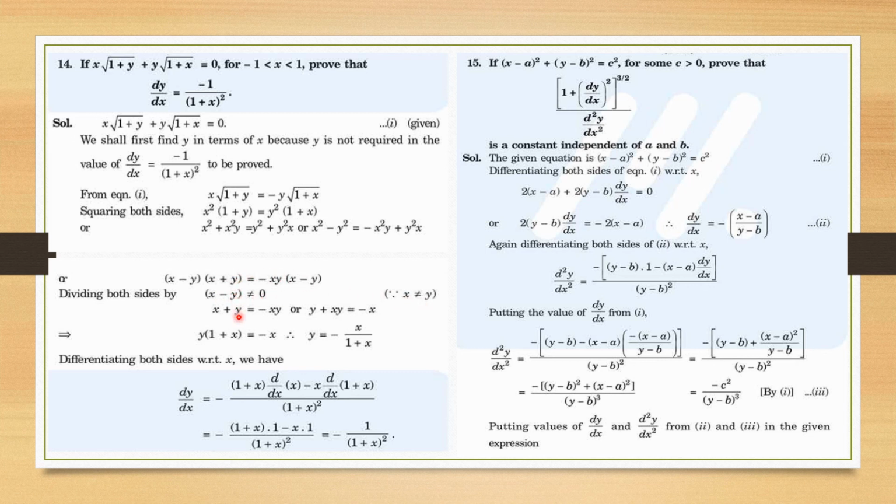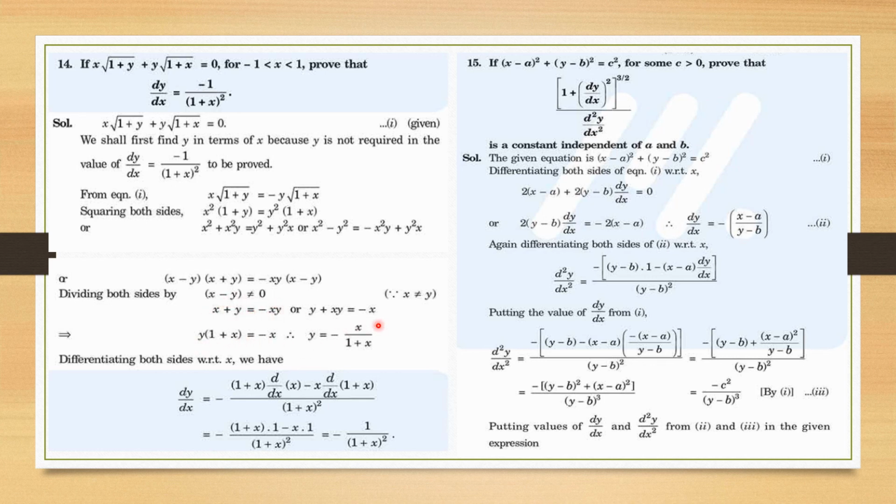We get x plus y as minus xy, and now you have to express it as y equal to something. So take both minus xy and x to one side, take y common. You have to take y and minus xy to one side, so it will be y plus xy, and this x to the other side as minus x.